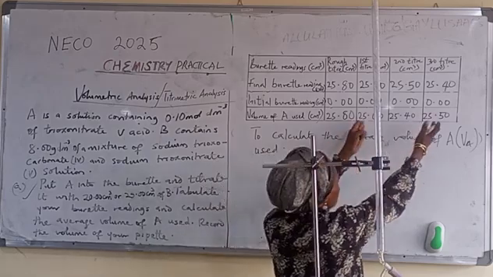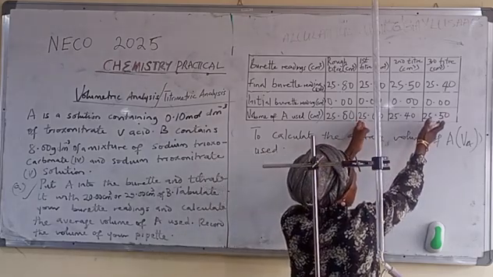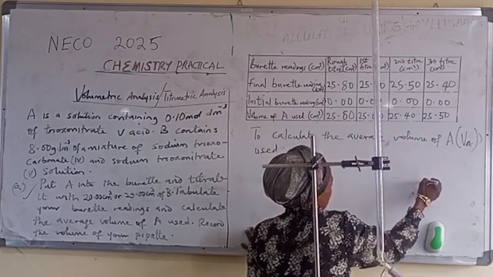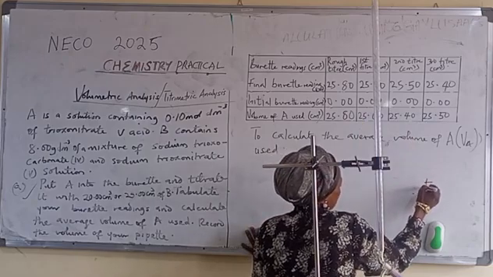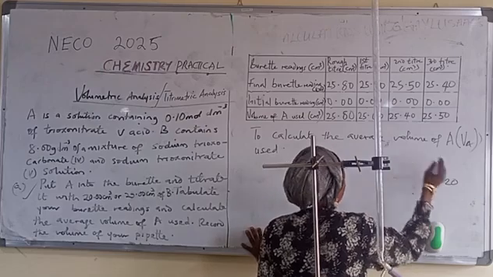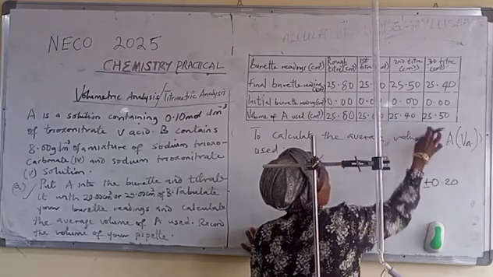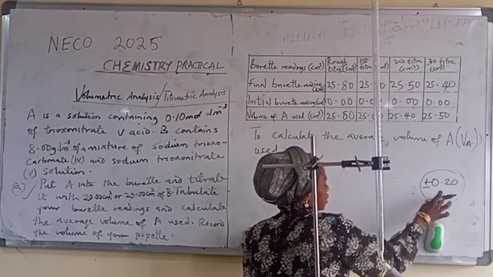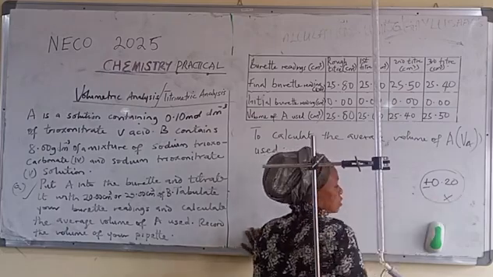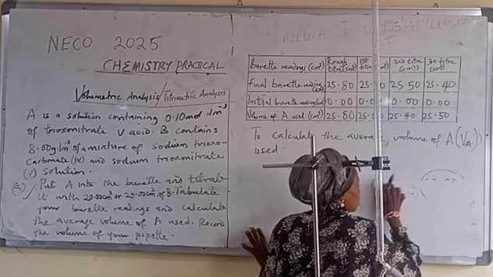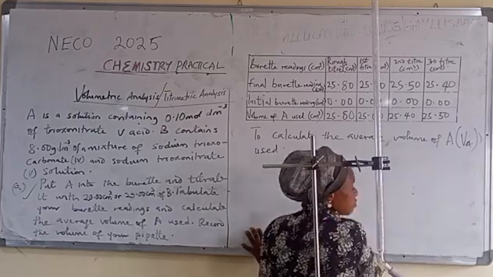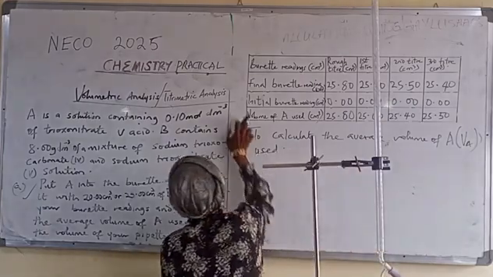Since they are in accordance, they have good precision. The precision I'm talking about is plus or minus 0.20. Each must not pass this value. Once it passes, then you are very wrong. So you have to take it with precision and accuracy. The two of them go hand in hand in titration.